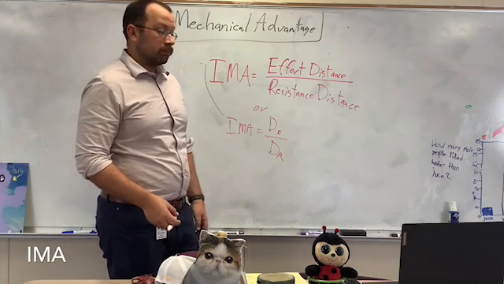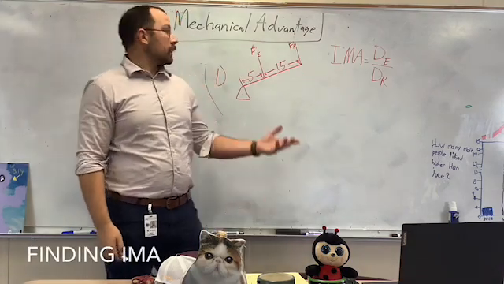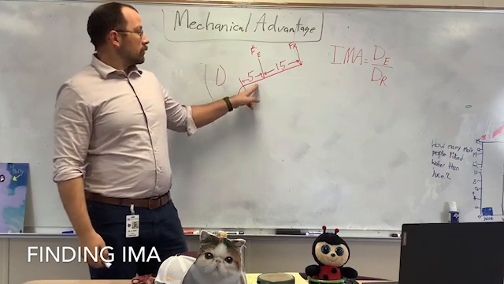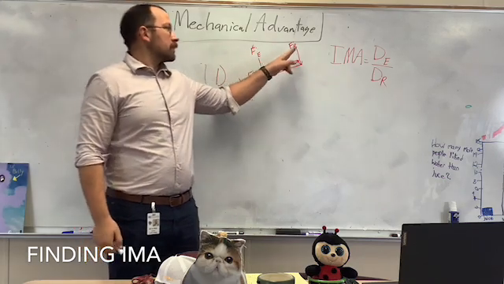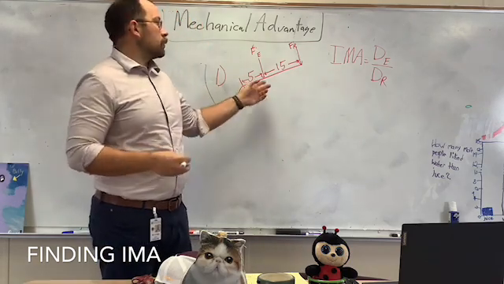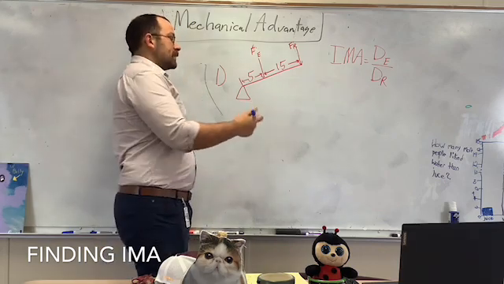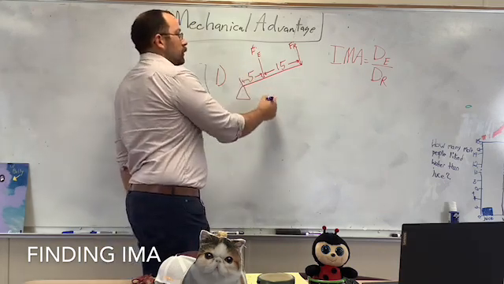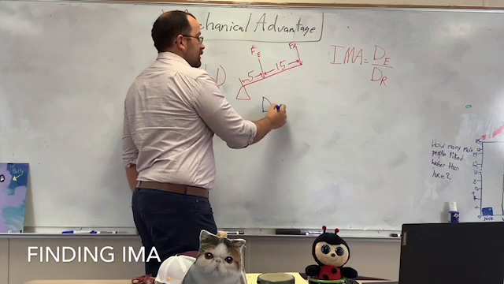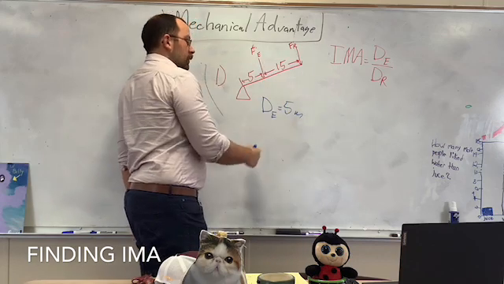Now let's do some problems. I have an image up here. It's a lever with my effort force and my resistance force. We don't need to know what the forces are, we're looking for the distance. My effort distance is 5, we'll call these meters.